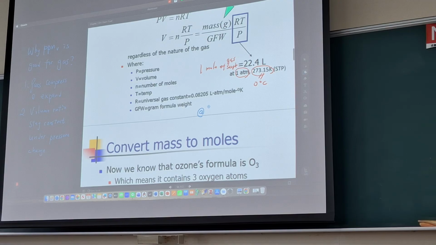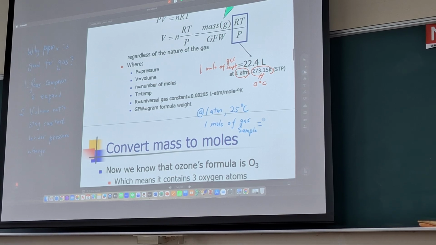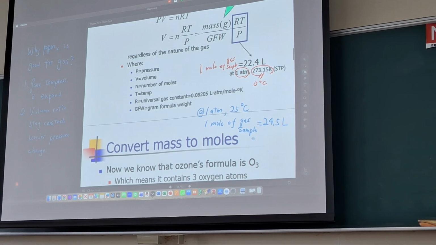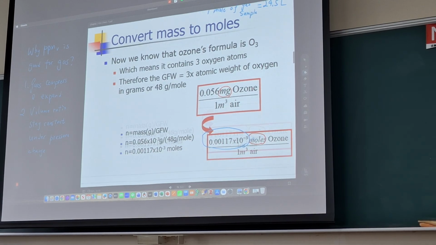At still 1 atm, however 25 degrees Celsius, one mole of gas sample equals 24.5 liters, right? 24.4 something, 24.5. Everyone okay with that? May I move on?